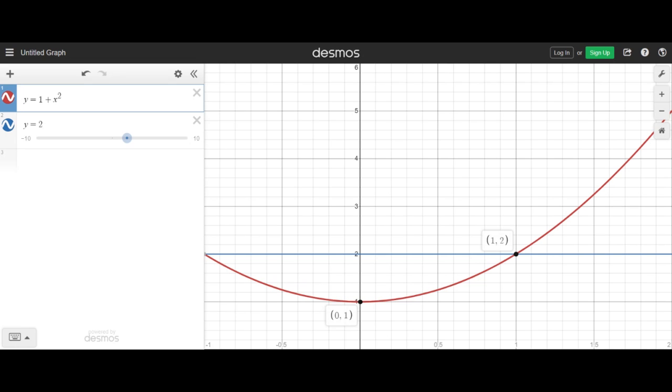y equals 2 is the answer. If I go back to the solution, here is the answer right here.